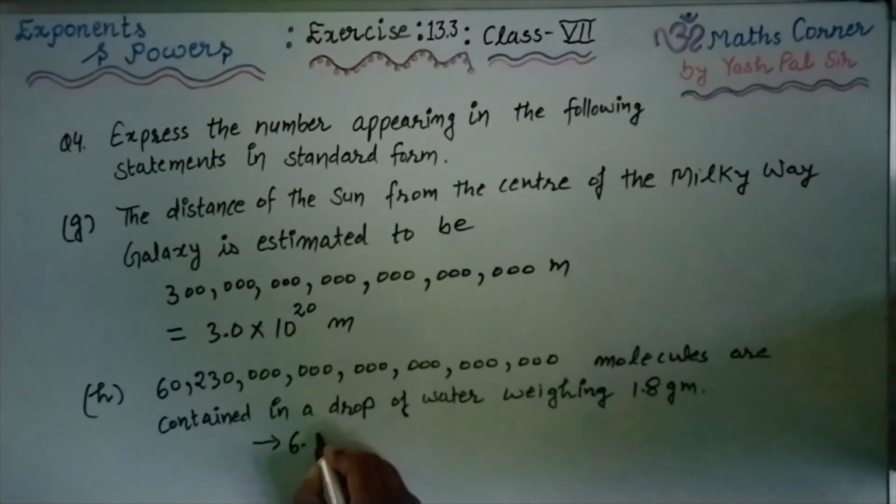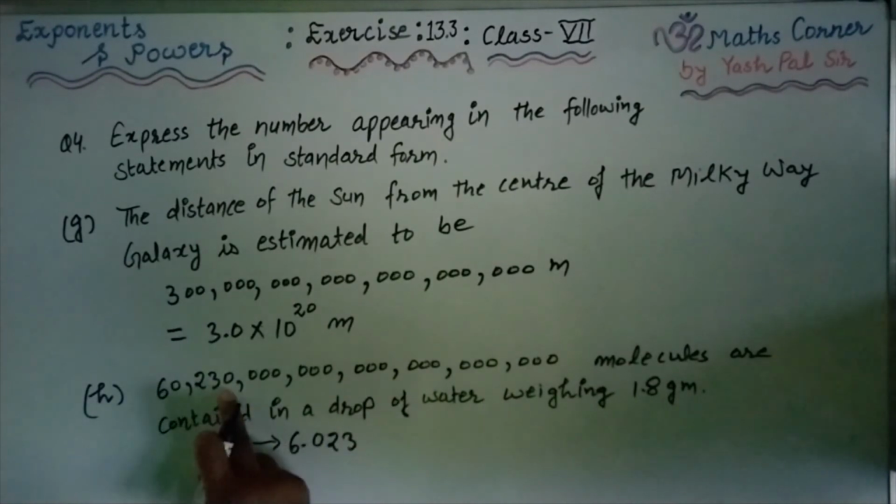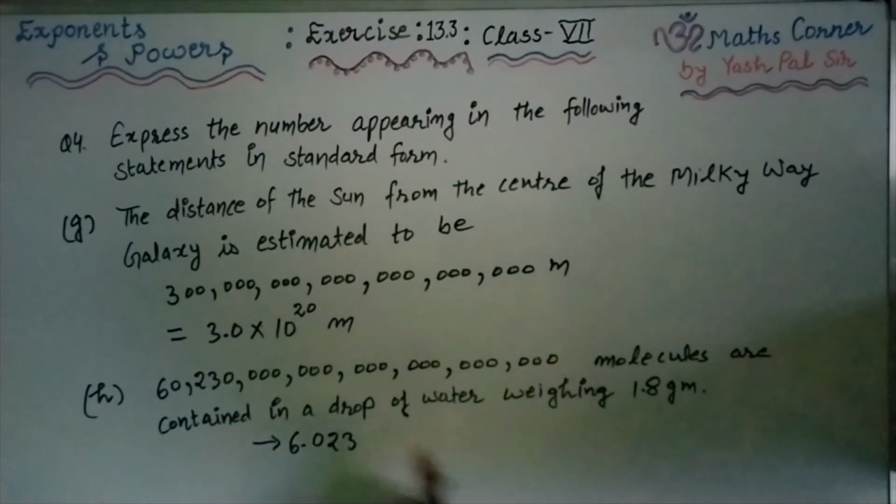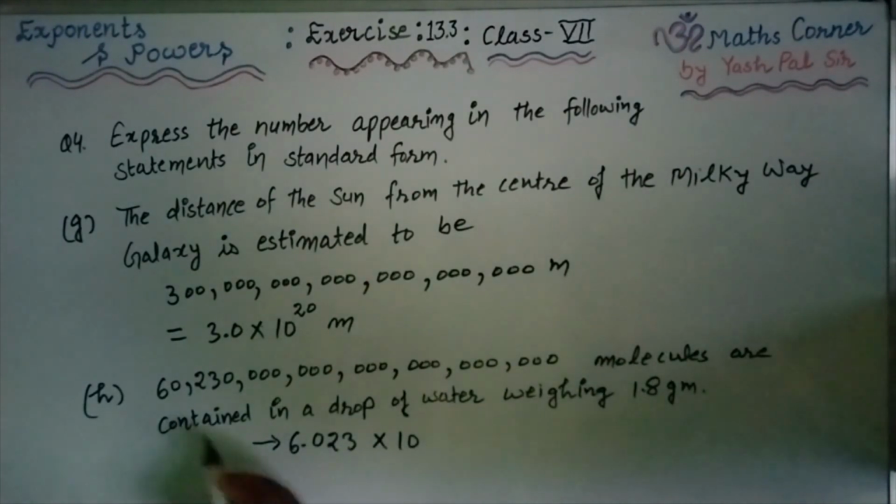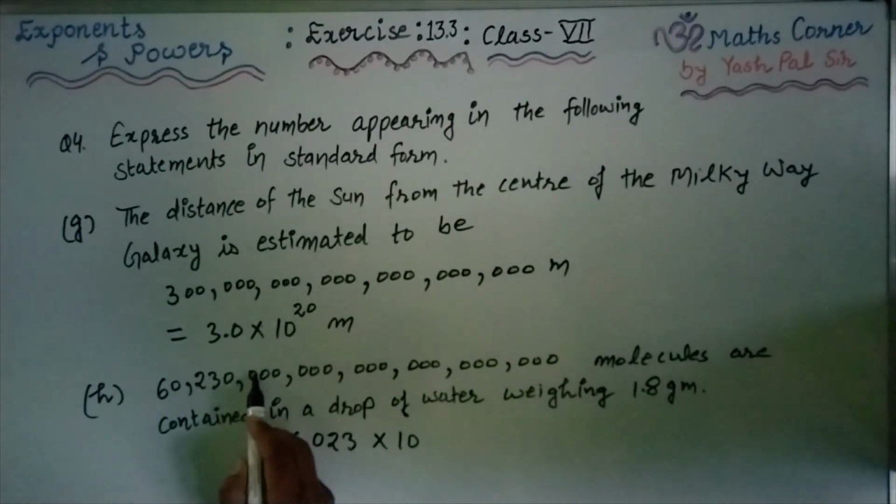Okay, so how we convert this into standard form? 6.023, because next we have only zeros, so we can stop writing zeros. Just we write 10 raised to power.